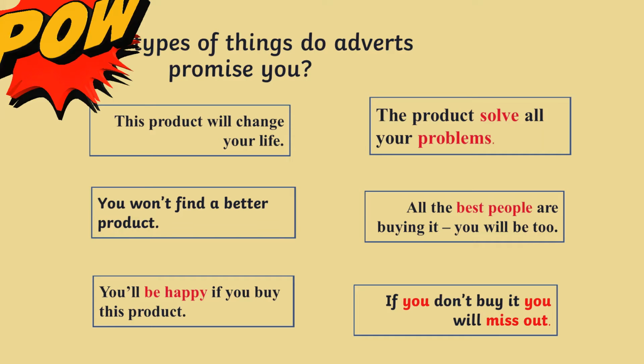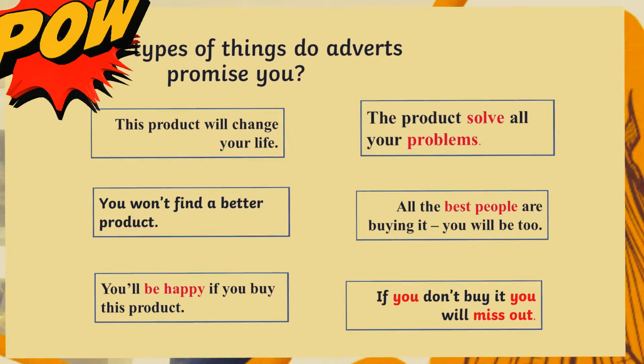All the best people are buying it, you will too. And you know what's really important? That one there at the end: if you don't buy it, you're going to miss out, because we have this real worry sometimes that we need to have what other people are using and we don't want to miss out. That's a really important thing.